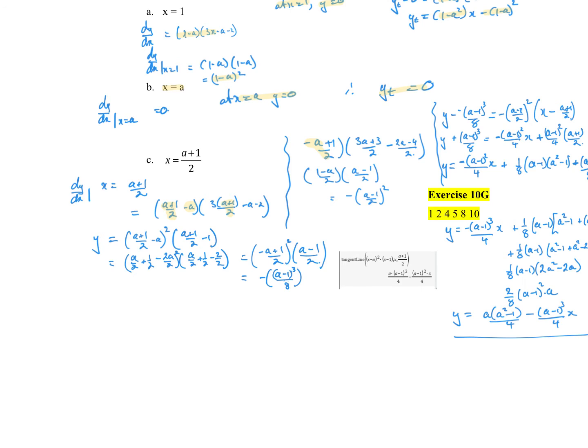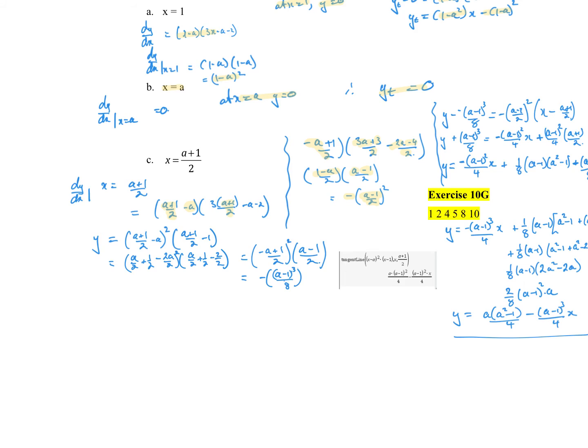If I just expand the right-hand side fraction, I end up with 3a on 2 plus 3 on 2 minus 2a on 2 minus 4 on 2. Group them together. 3a minus 2a is a. 3 minus 4 is minus 1. Take a negative sign out the front, in particular of the 1 minus a. I get the negative of a minus 1 on 2 all squared. Okay, so there's my derivative.